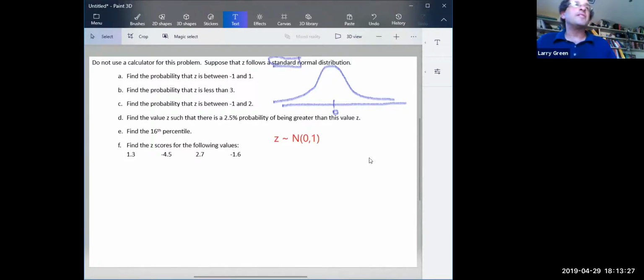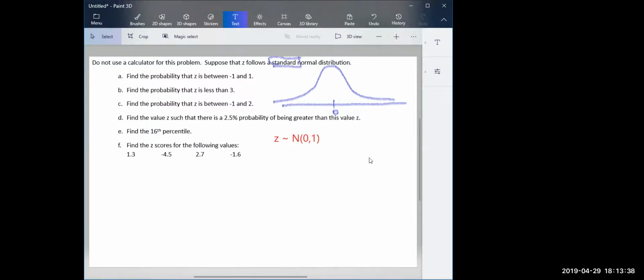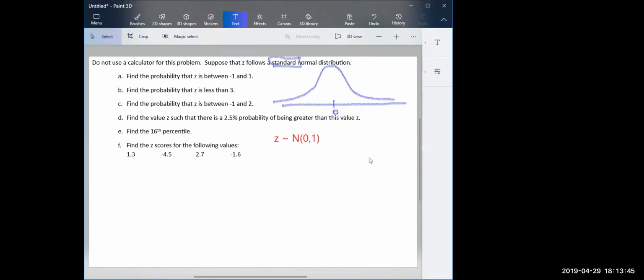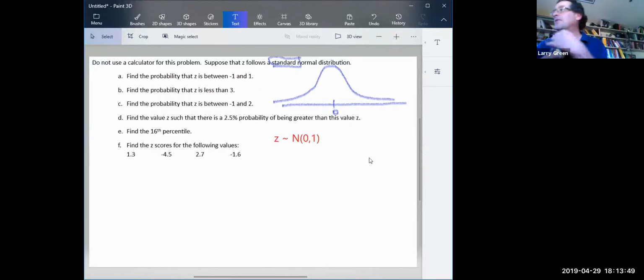Tilde. So what does tilde mean? Tilde means has the distribution of. And that's what that tilde means. That's how you read the tilde in long amounts of words. Sometimes you'll say follows the normal distribution in this case. And that's what tilde is.